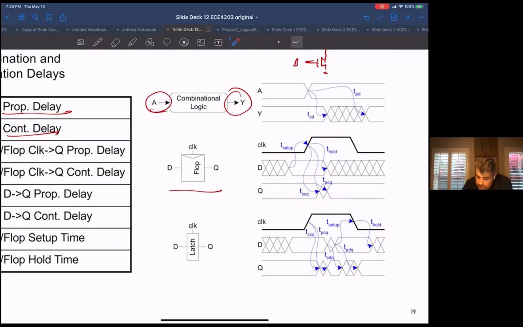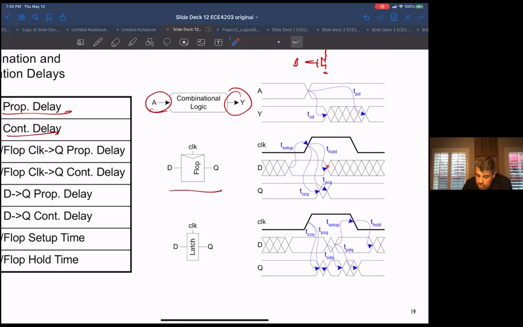Like I mentioned, the data has to appear a certain amount of time before the rising edge of the clock, and it has to be stable for this flip-flop to work okay. So the data has to arrive a certain amount of time before the clock. That's called the setup time. And it has to stay valid for a certain amount of time after the clock edge.